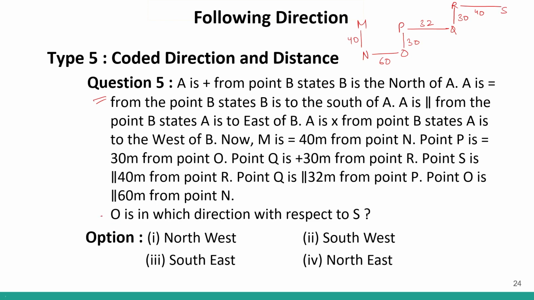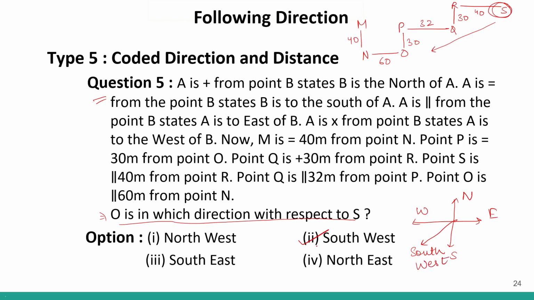Now, we have to find out O is in which direction with respect to S. So this is the direction of O. Let us draw the chart. This is north, this is south, this is west, and this is east. This direction will be called southwest. So our answer will be option number 2, southwest.